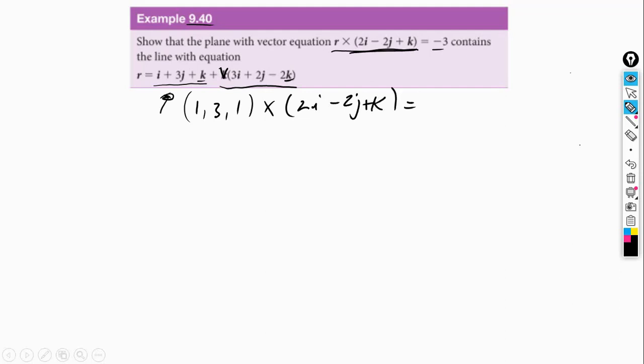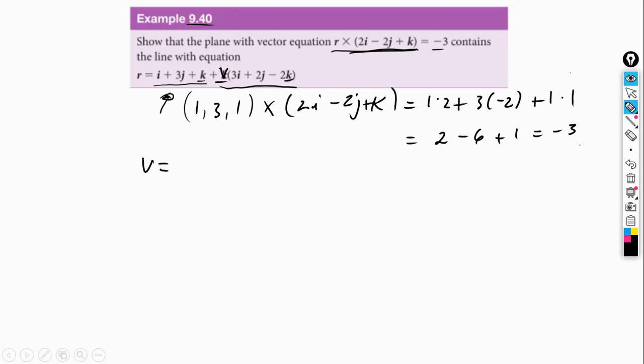So let's see if that is the case. So this would be 1 times 2 plus 3 times negative 2 plus 1 times 1. And then obviously this is going to be 2 minus 6 plus 1, excuse me, which is equal to negative 3.